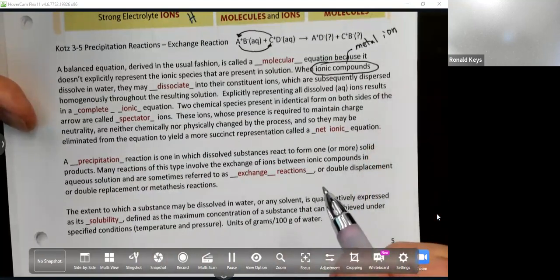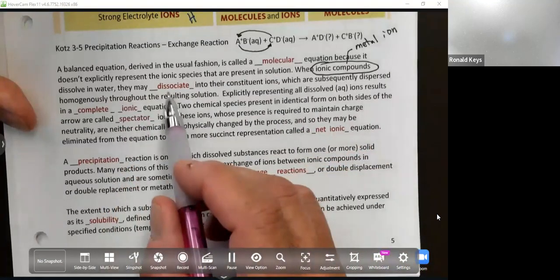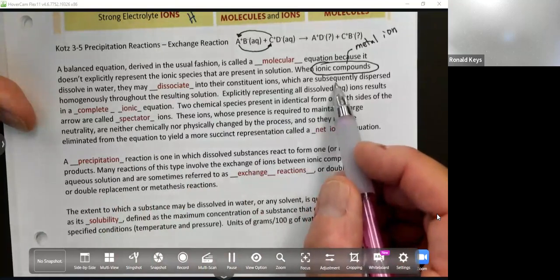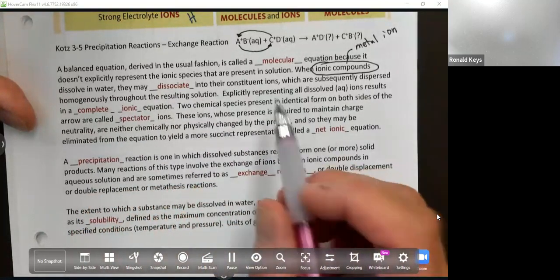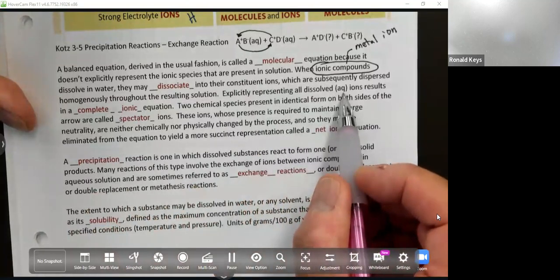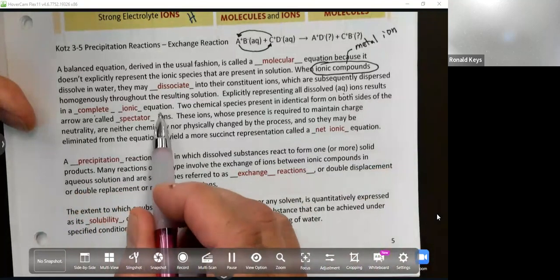When ionic compounds dissolve in water, they may dissociate into their constituent ions, which are subsequently dispersed homogeneously throughout the resulting solution. Explicitly representing all dissolved aqueous ions results in a complete ionic equation.